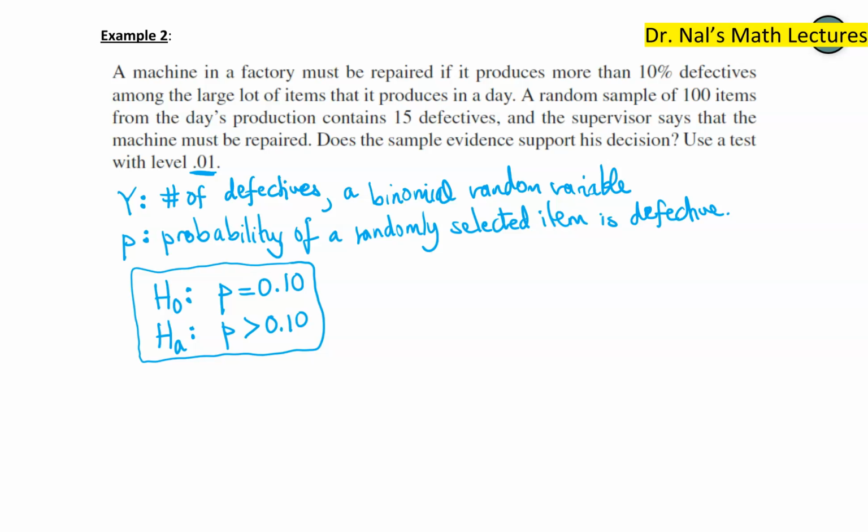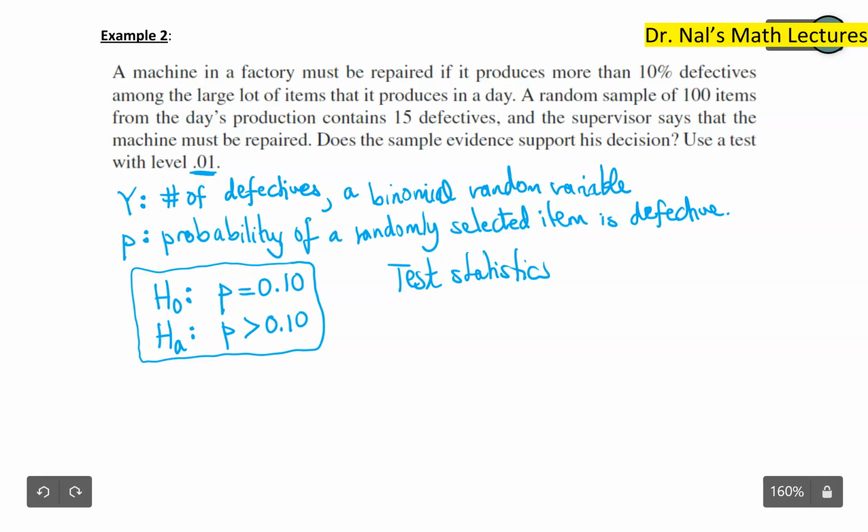For the test statistic, like I said earlier, we are going to use the proportion. The probability will be the proportion in the sample. It makes sense because we have a sample, so the proportion in the sample can be used as a point estimate of the parameter p in the binomial random variable.